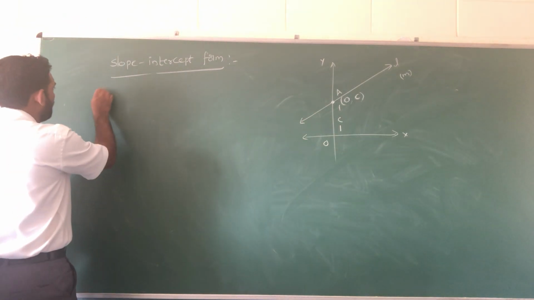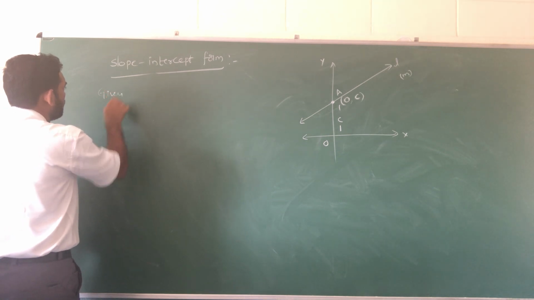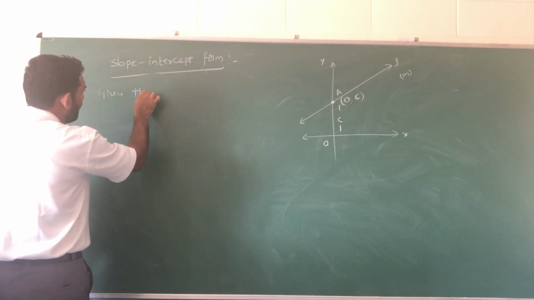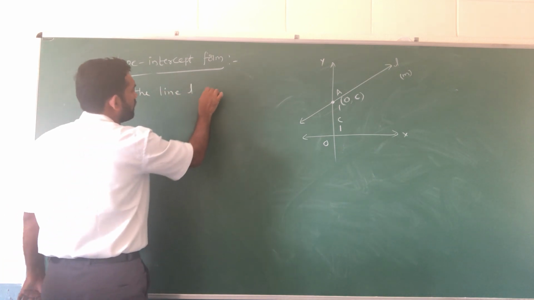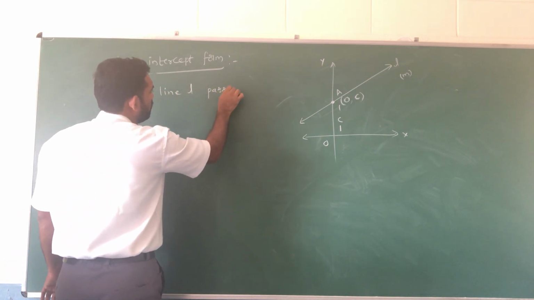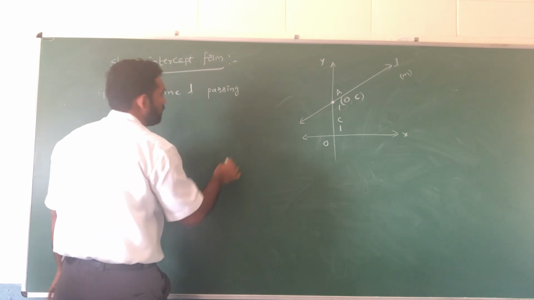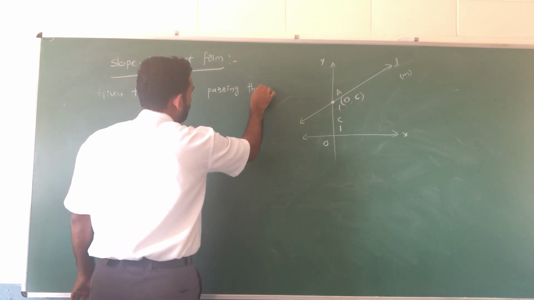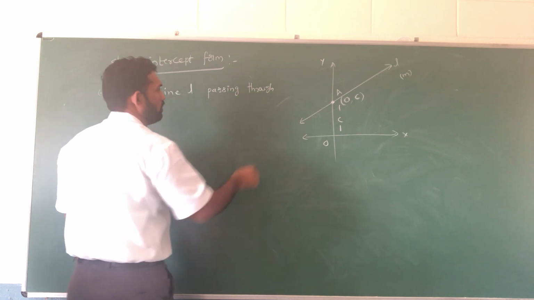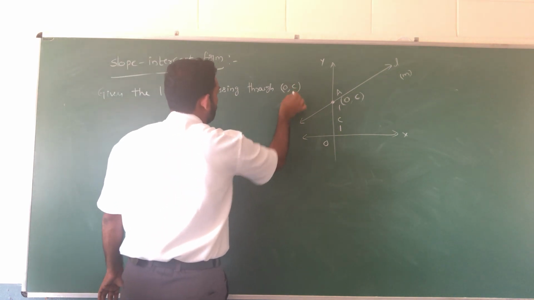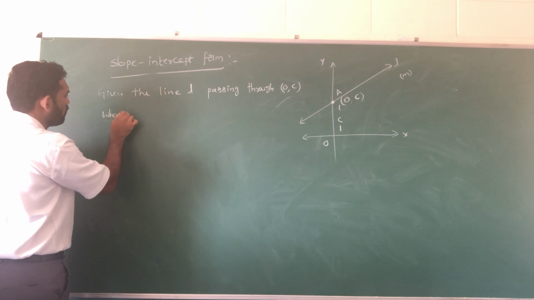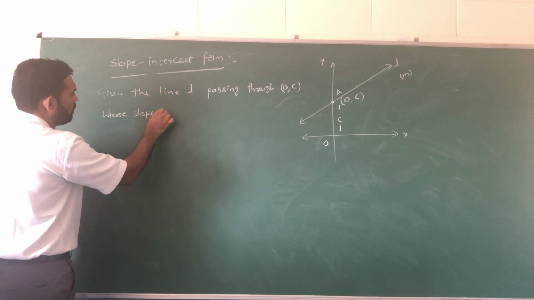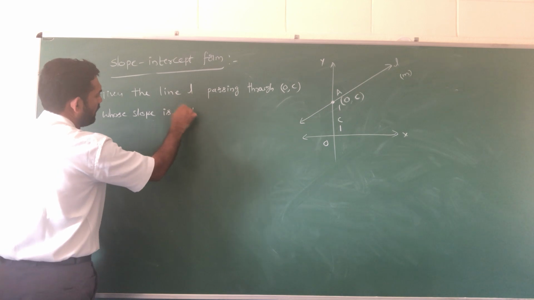So given the line L passing through (0, c), whose slope is m.